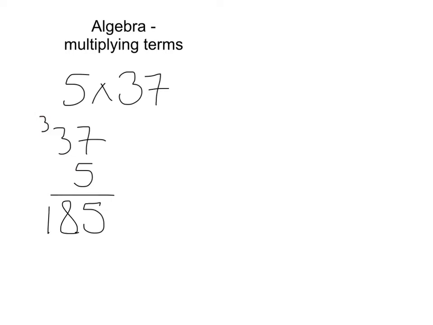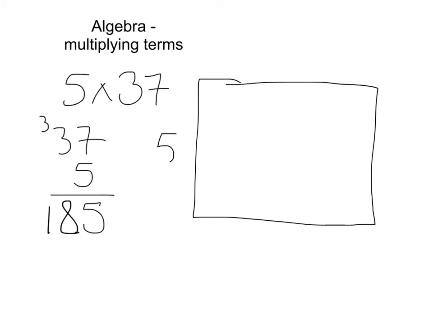But another way we learned to do it was the area method. So we'd have a big rectangle, say this is 5, and this is 37. But instead of having 37, we could split it into a 30 and a 7, okay? So now we have two rectangles.